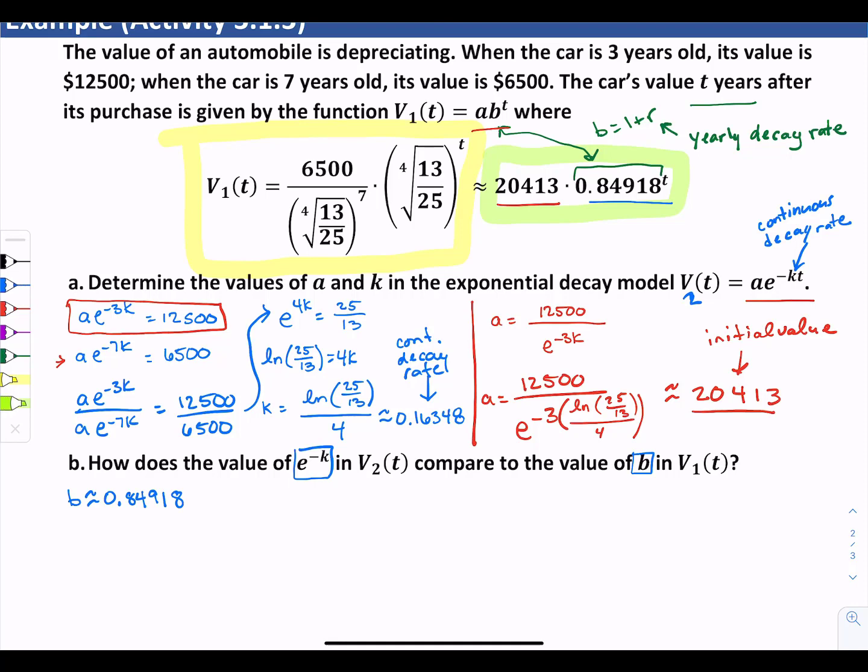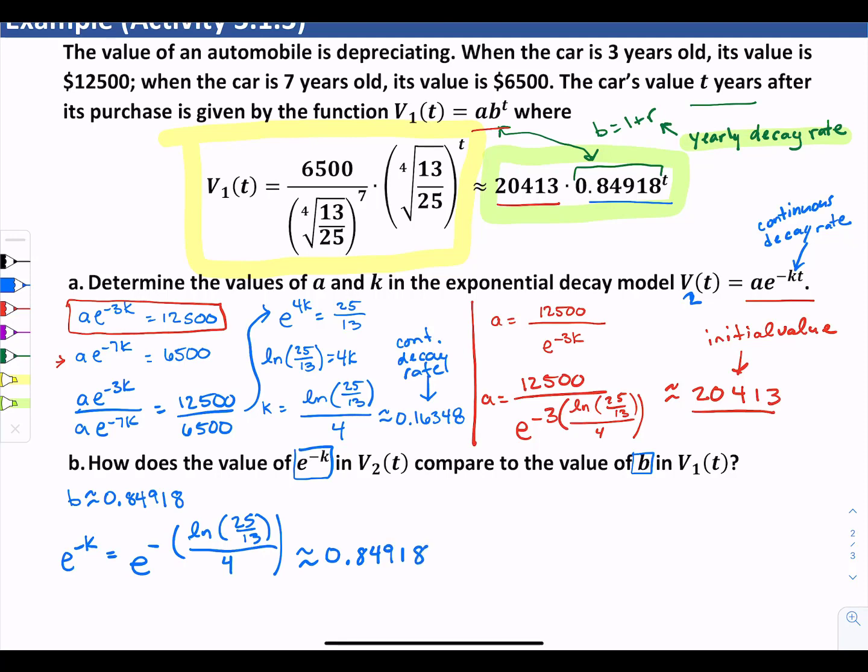And remember, that was related to the yearly decay rate. And so we're wondering, how does that compare to e to the negative k? Well, we know that e to the negative k equals e to the negative, and then what was k again? Natural log of 25 over 13 divided by 4. And if we use our computational device, we see that that is approximately 0.84918.